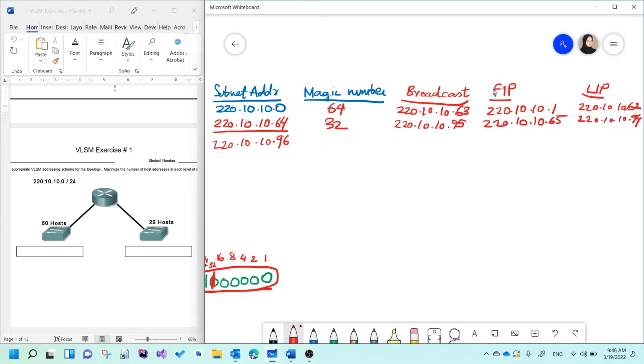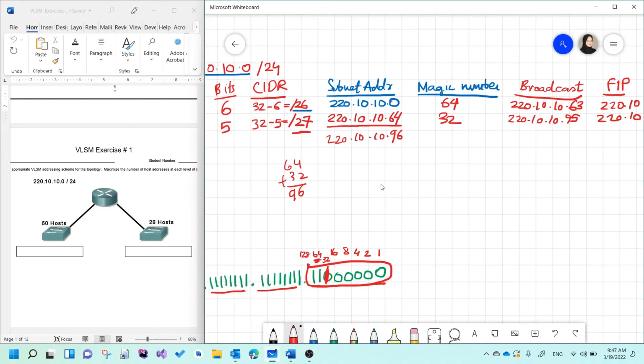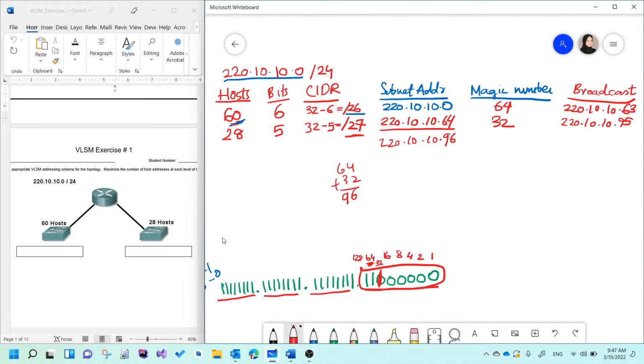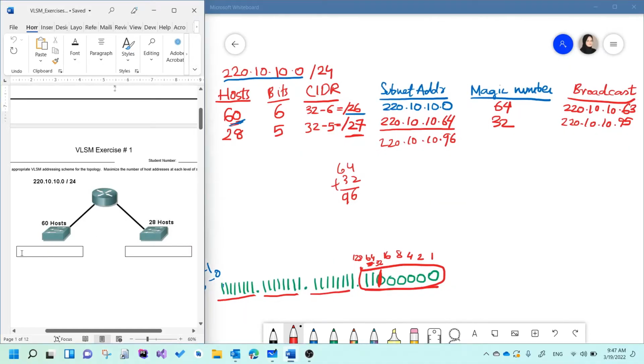Okay, that's how you would solve this question. Now here, in the question, all you would need to write is the subnet address. So it would be 220.10.10.0 slash the CIDR, which is 26.